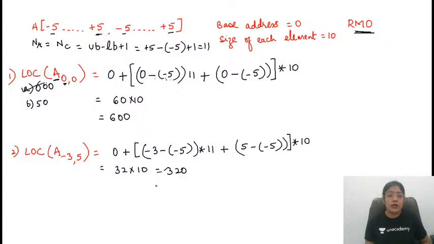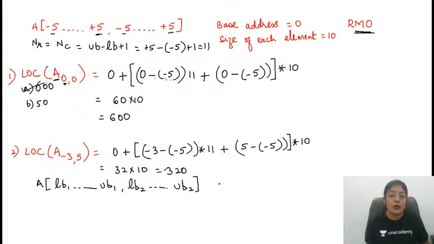Is this clear to everyone? So let's write. Now you will have more clarity, tell me the formula quickly. If LB1 is the starting row number, UB1 is the last row number, LB2 is the starting column number, UB2 is the last column number, BA is the base address, size of each element is, let's assume this is S. And I want to find out the location of A. Everywhere we are using this formula.